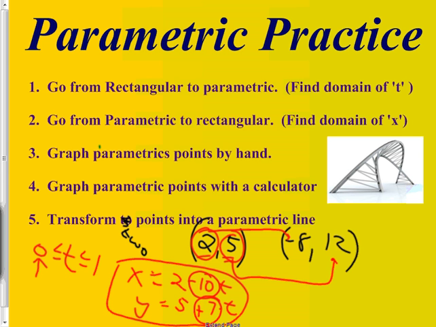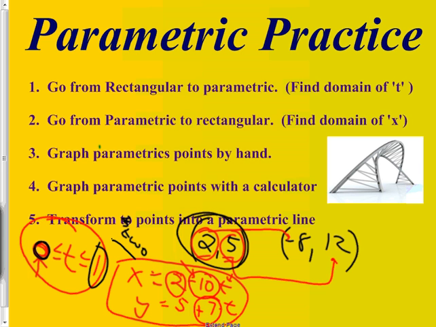And I can tell you that if you use this method that I've taught you of starting value and then the change times the t, it will be between 0 and 1. And if you want to check and see if you did it right, take the 0 and stick it in and see what you get. If you do it right, when you stick in 0, you will get 2 comma 5. And if you stick in 1 into your equations, you will get the other point, negative 8 comma 12.